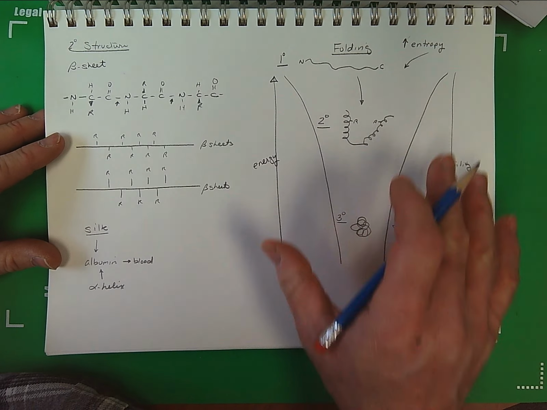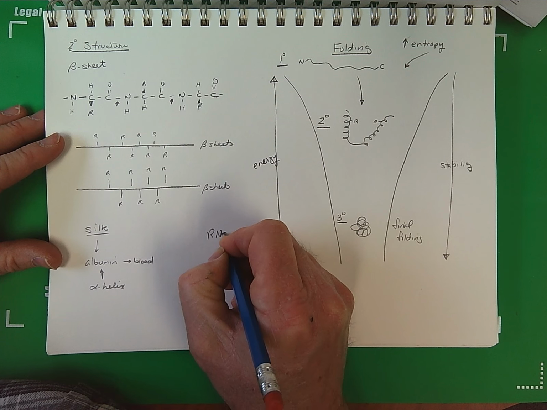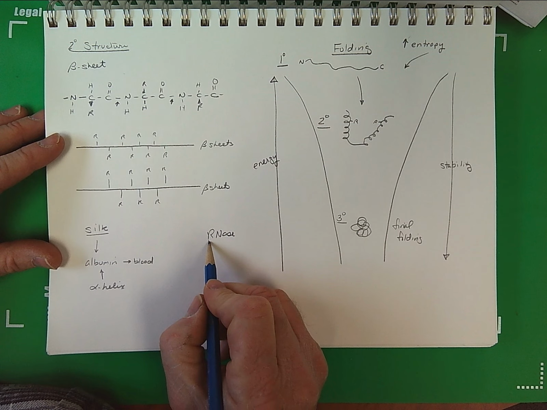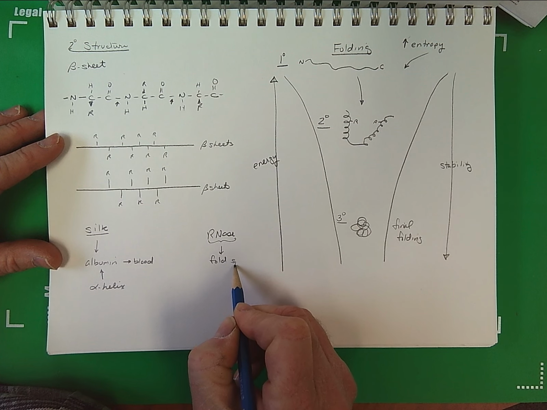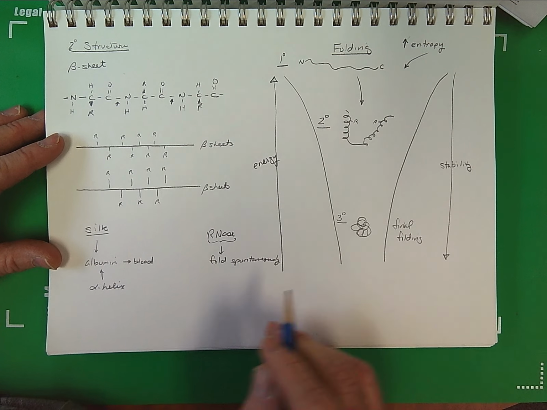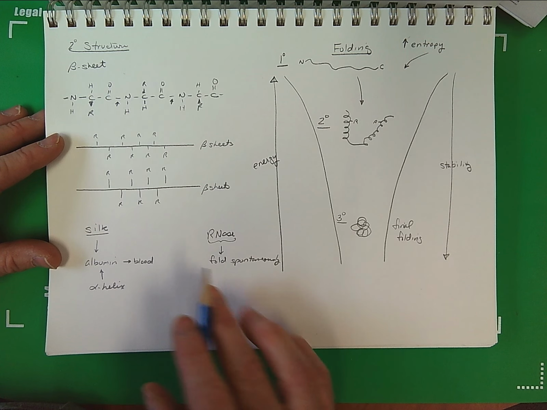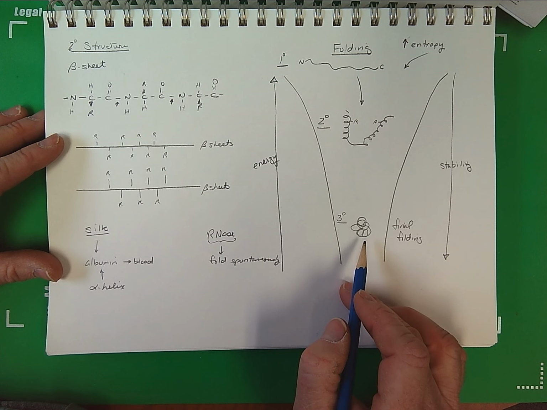There are many proteins that can fold by themselves. One example is RNase. RNase is a classic protein that can fold spontaneously. It needs no assistance. It can snap quickly into its final form.